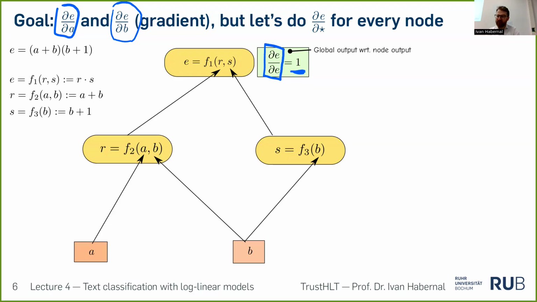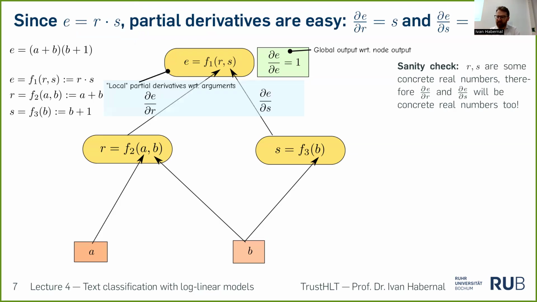So the next step would be, we need for this function something which we call local partial derivatives with respect to arguments. So for example, what is the partial derivative of E with respect to R? And what is the partial derivative of E with respect to S? Because these are the arguments of the function, and we want to compute for each node the partial derivatives with respect to all these arguments.